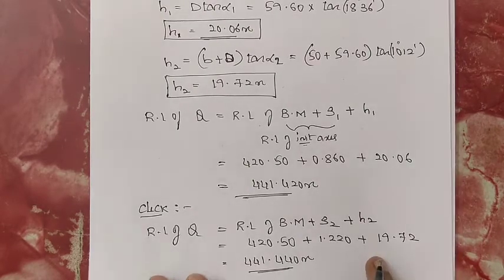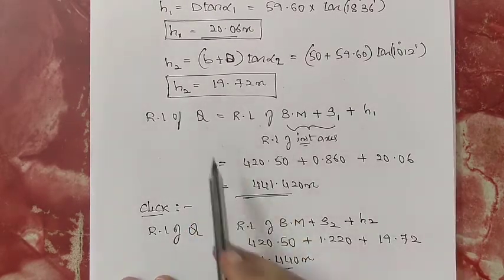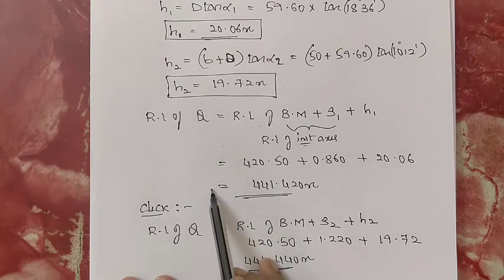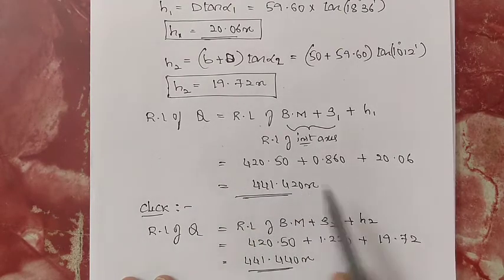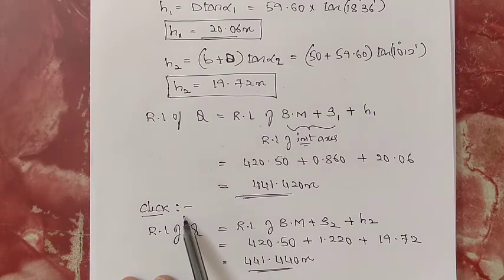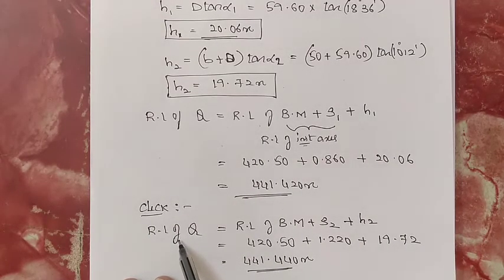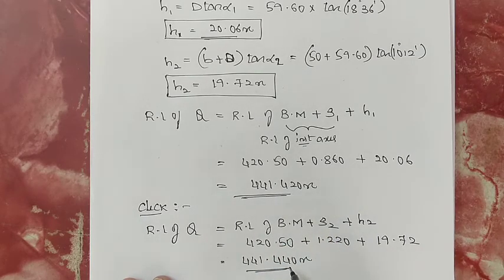You can observe here, RL of Q you have calculated when the instrument station is at A, you got 441.420. Similarly you need to apply the check by considering the instrument station at B. Same way you have calculated RL of Q, obtained value is 441.440. The same similar value obtained. Okay. What you have calculated RL is correct. Thank you.